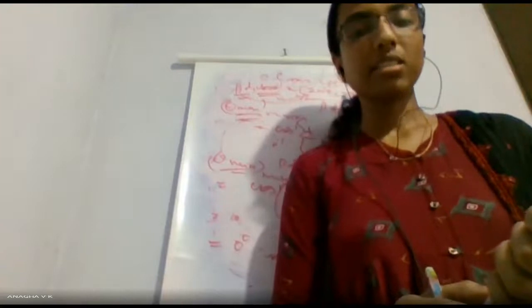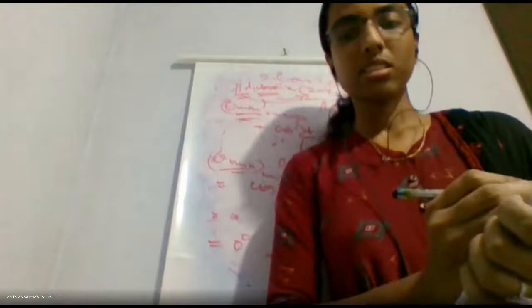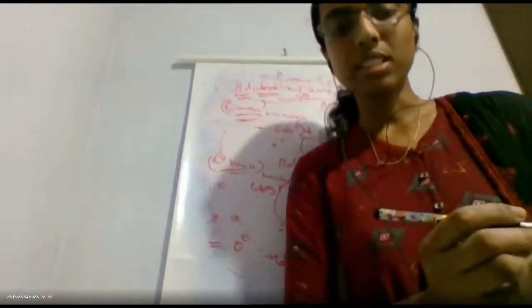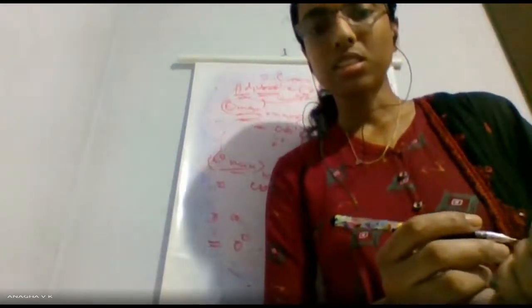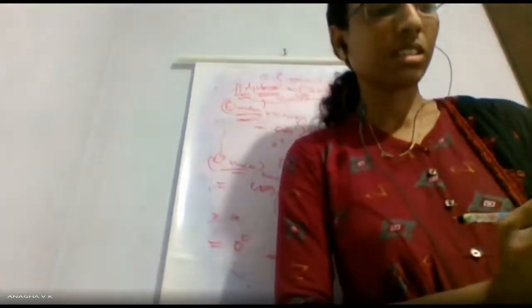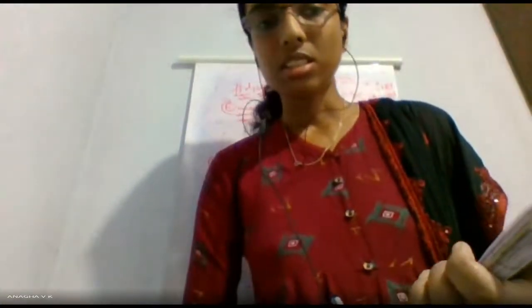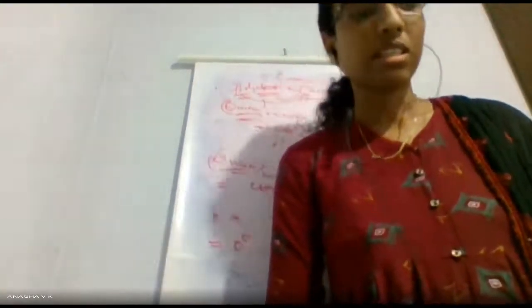Roll number 19, present, Miss. 20. Saumya. So absent is 6 and 20. Okay, 6 and 20.